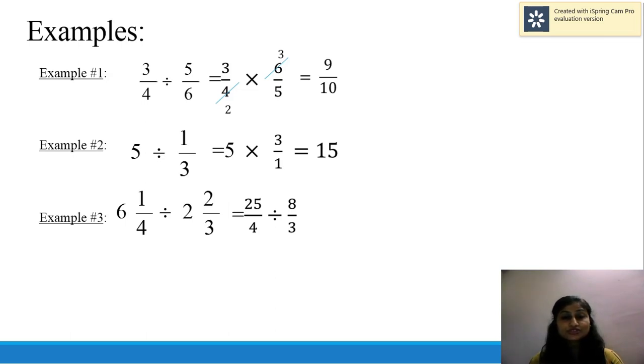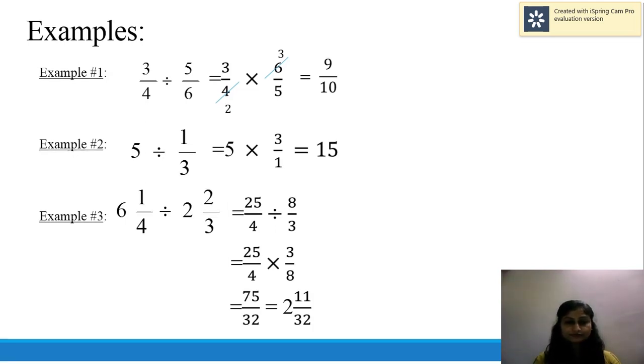Next we have to convert division to multiplication. So first we write the first fraction as it is, 25 upon 4, then we write the multiplication sign, then we take the reciprocal of the second fraction, which is 3 upon 8. 25 3s are 75 and 4 8s are 32. Now we divide 75 by 32, which is equal to 2 integer 11 upon 32.